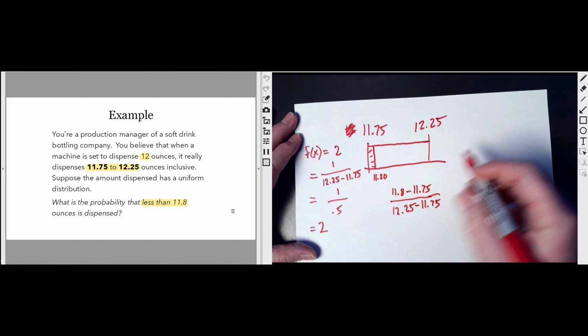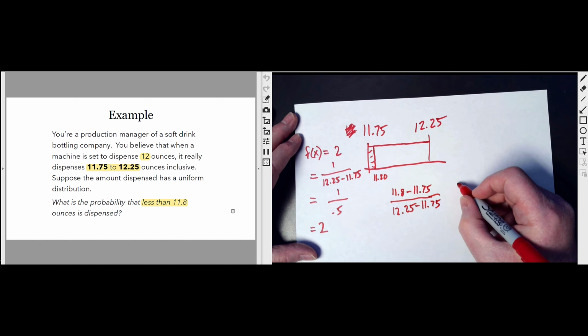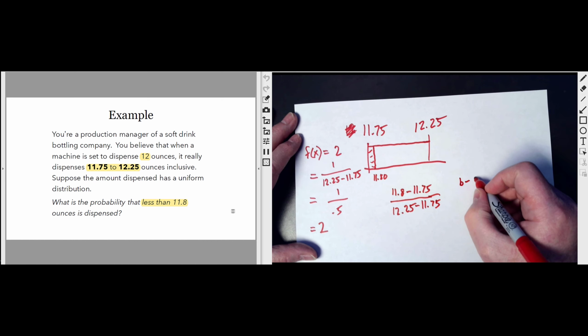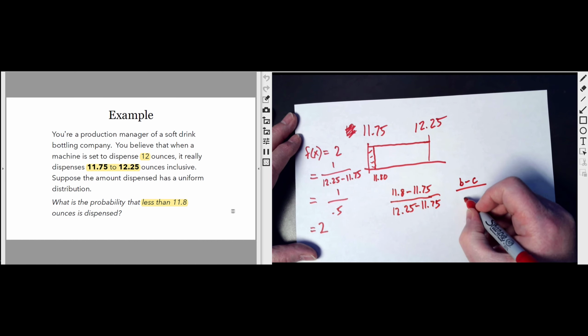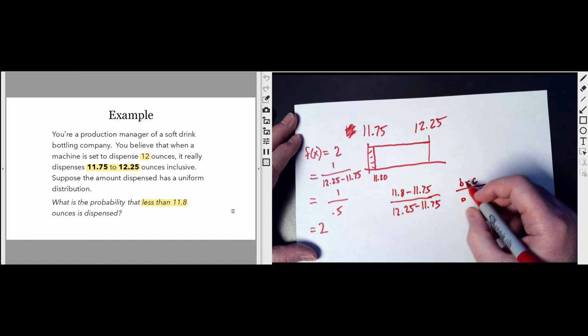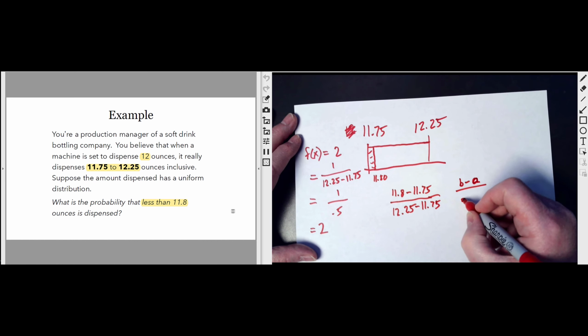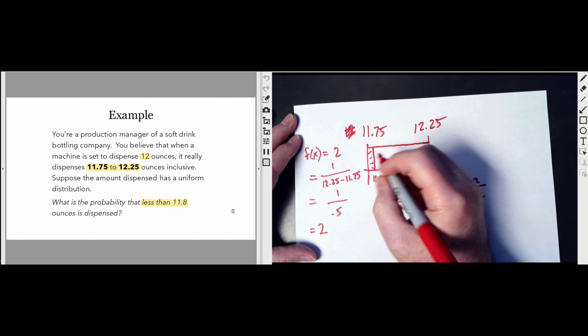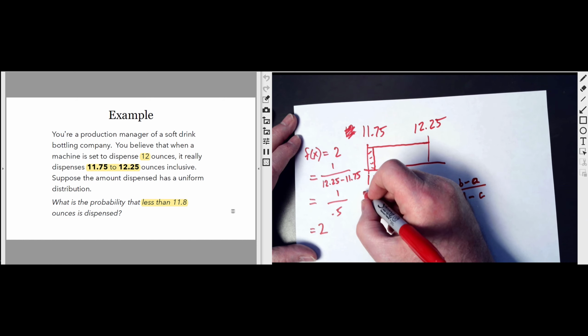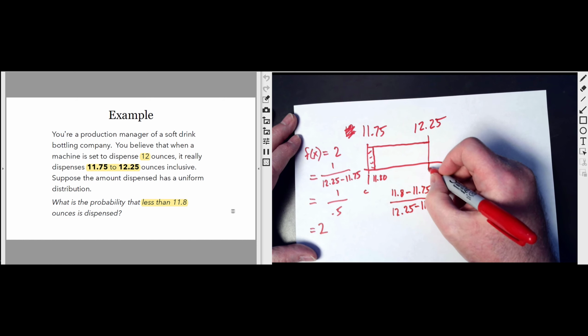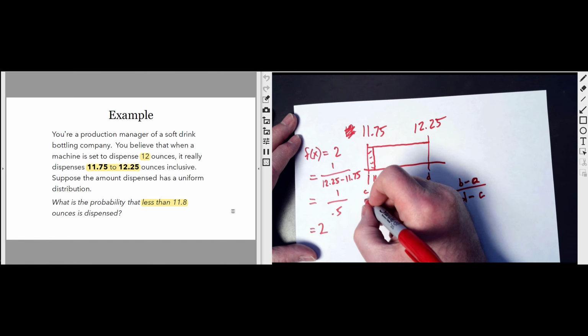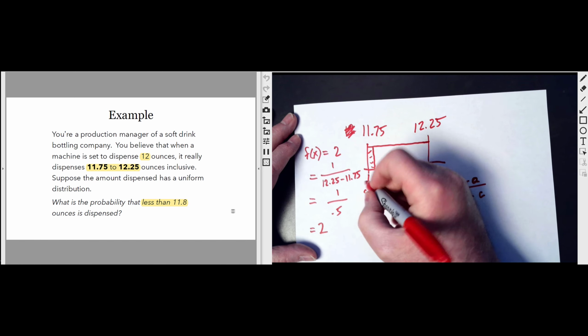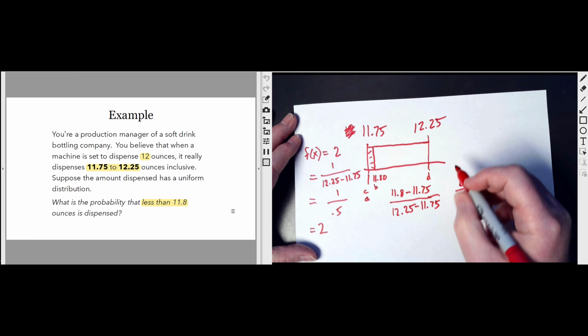In other words, this is b minus a over d minus c. All right, here's c, here's d. C is also a, and this is b.